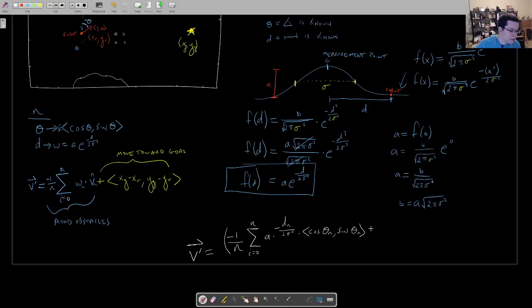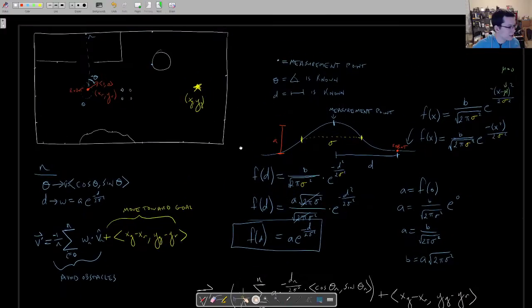And I'm going to put all of that in parentheses, plus x_g minus x_r, y_g minus y_r. And that will give me the vector, not unit vector, that I should try and push the robot along. I think. Is that correct?